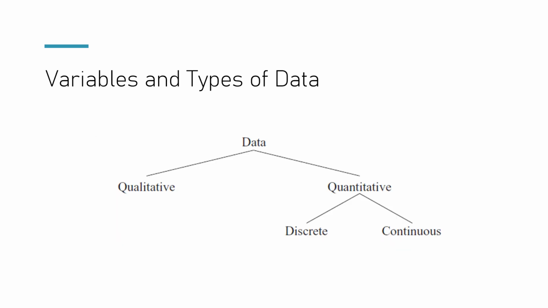Now, variables and types of data can be of many types. You can collect a quantitative data, you can collect a qualitative data. In today's session, we will only be concentrating on quantitative data. And now in quantitative data, a data can be discrete or continuous. What do you mean by discrete?